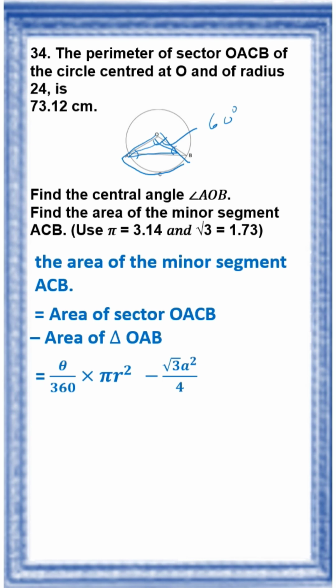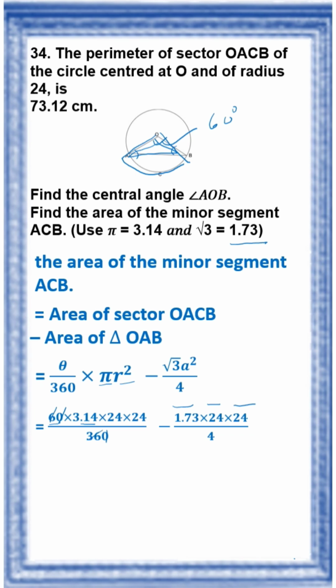Now let us substitute the values. Theta we have just now found out, that is 60. Pi is 3.14, radius is 24 into 24 by 360 minus, instead of root 3 we have to substitute 1.73. Side of the equilateral triangle, a, is 24 here. So 24 into 24 by 4. Now the zeros get cancelled.